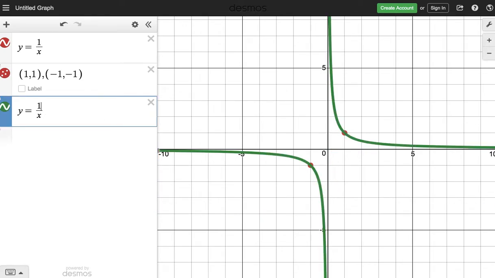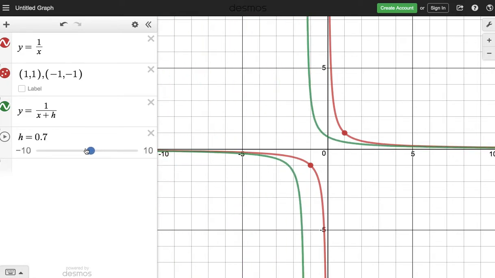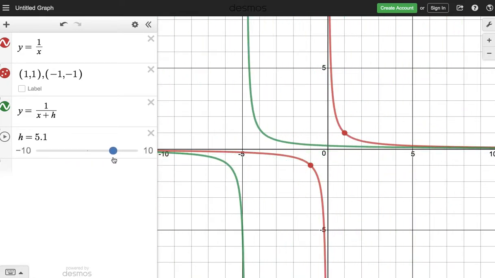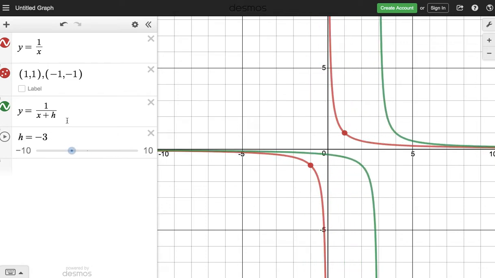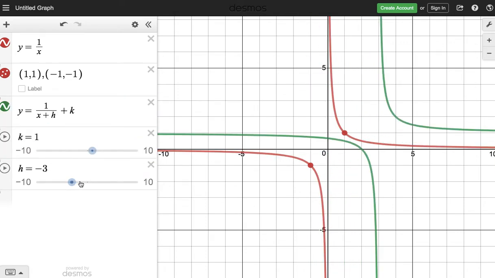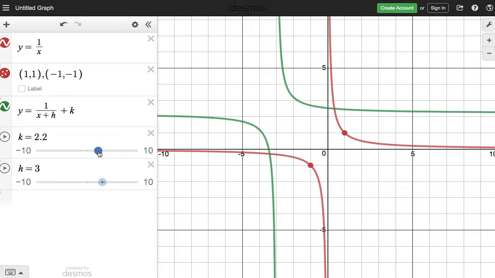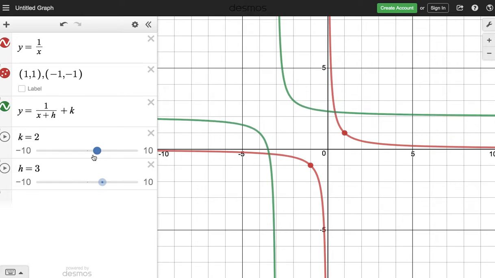Okay. Let's talk about if you were adding inside the function. It would go in the denominator with x. That's the one that's going to move your graph left or right. And so we really have two different things at play here. Let's make a 3, 2.